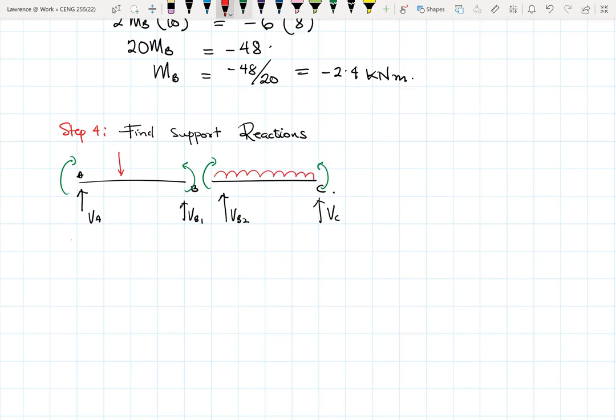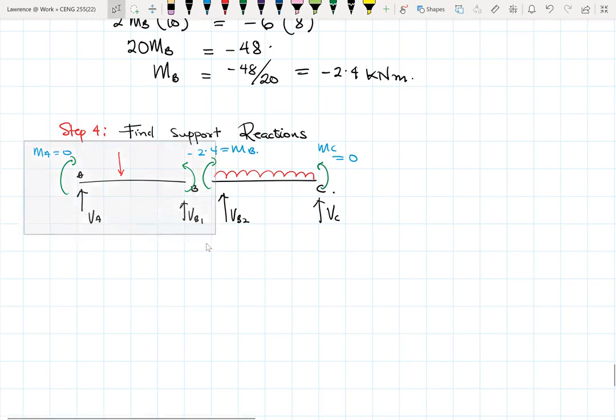The moment at A, so MA is 0, MB is minus 2.4, MC is 0. So this is MC, this is MB. Okay. So you can look at different spans. The focus will be to look at maybe the span on the left.